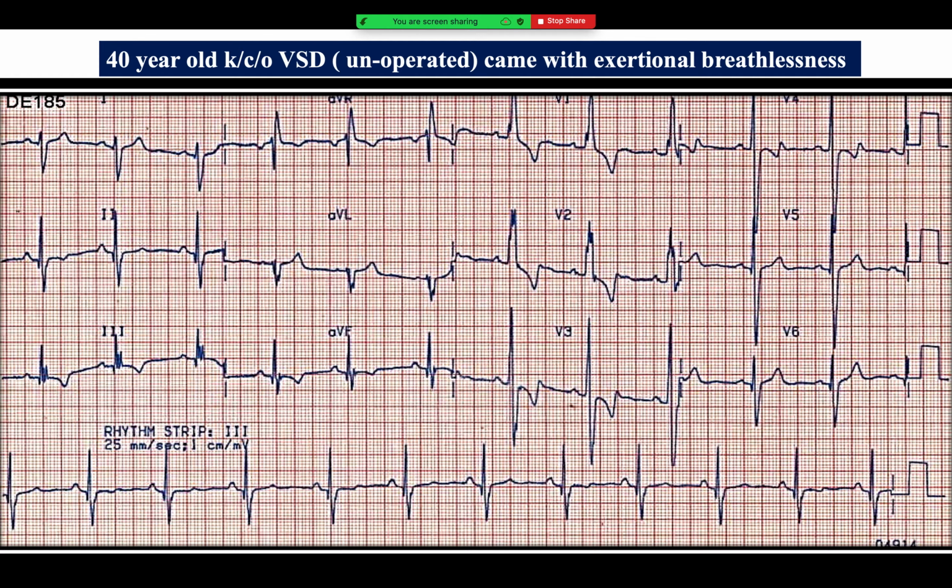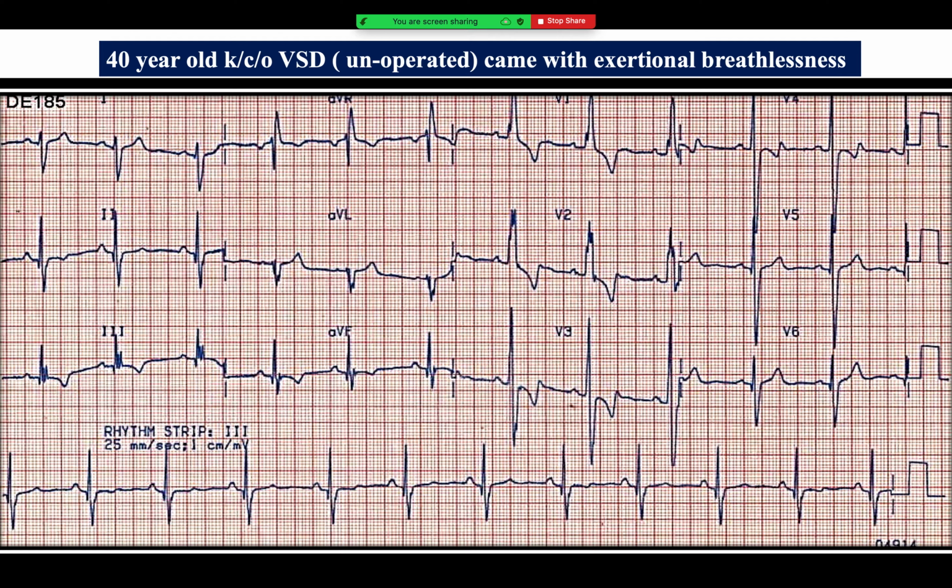So is it sinus rhythm or is it something else? So this is sinus rhythm, yeah? How about the axis? Again, a right axis deviation. By looking at the V1, V2, any hypertrophy, you would say this is right ventricular hypertrophy, right?